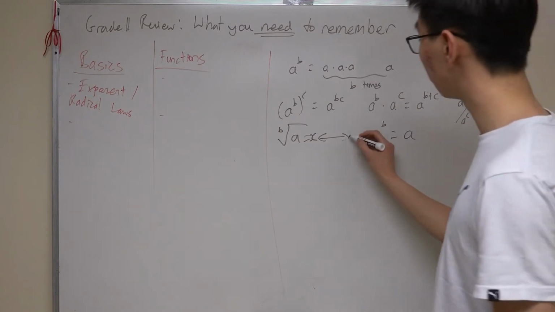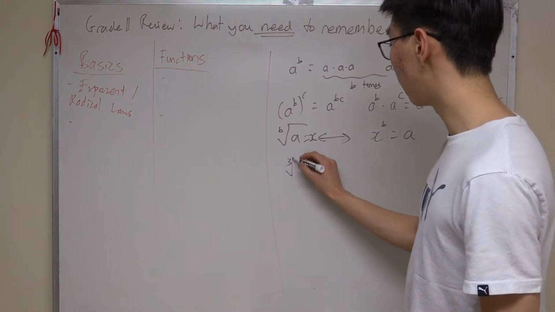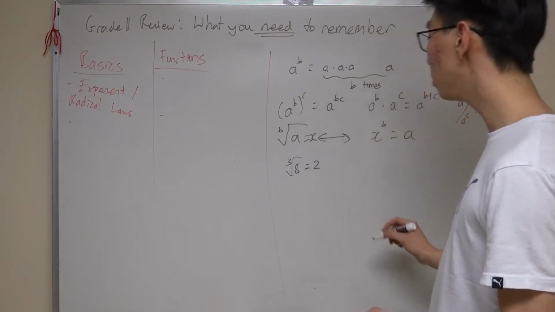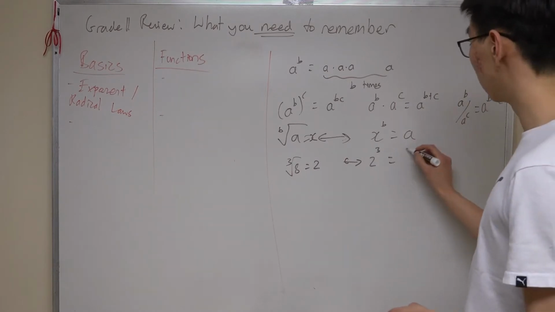So for example, the cube root of 8 is equal to 2. That's the same thing as 2 cubed is equal to 8.